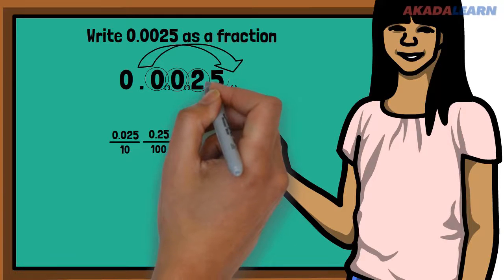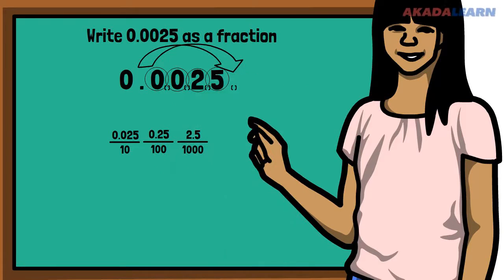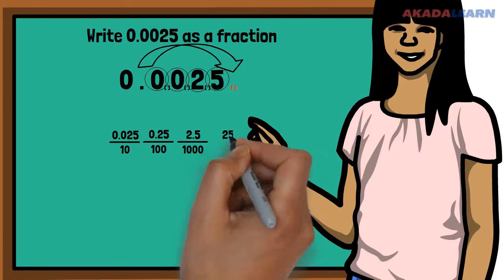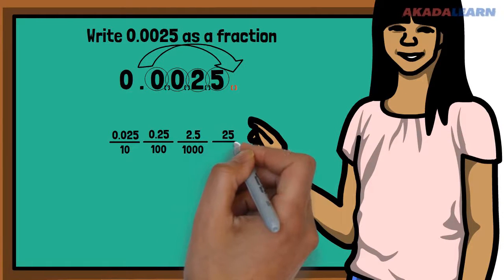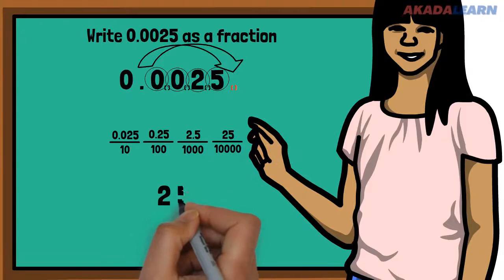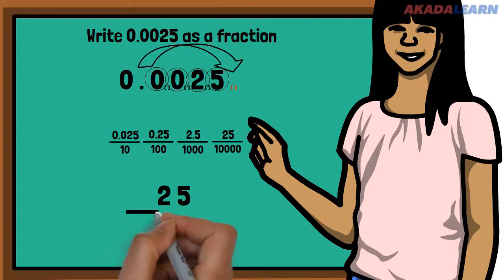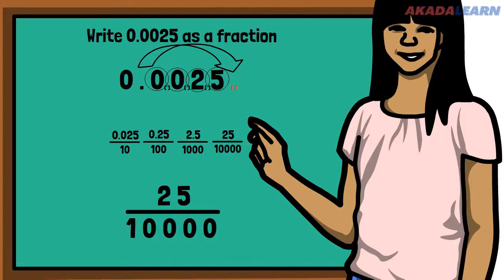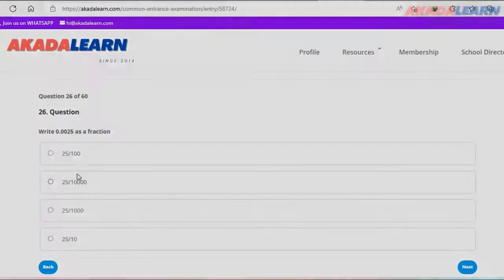And last but not least, we move it one more time to where we want to get to, that point, and that's 25 over 10,000, which is our final answer. So we can see that according to that, the solution is 25 over 10,000.